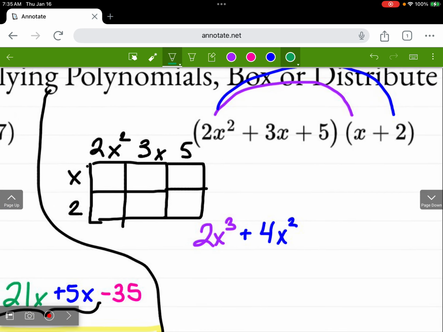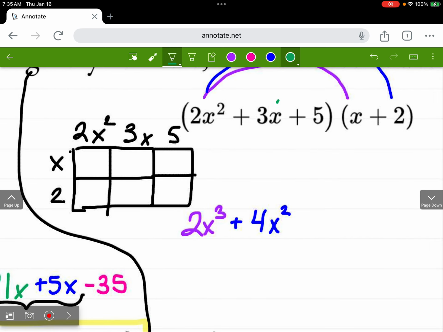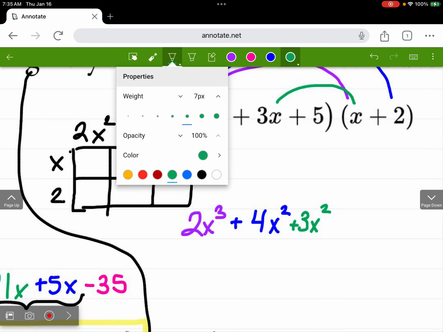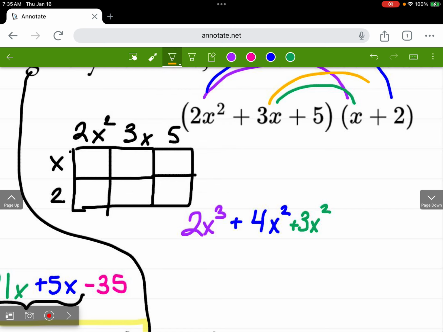I'm going to run out of space. We're going to have our 3x times x, which is going to give us 3x squared. Then we're going to do our 3x times 2 to get 6x.